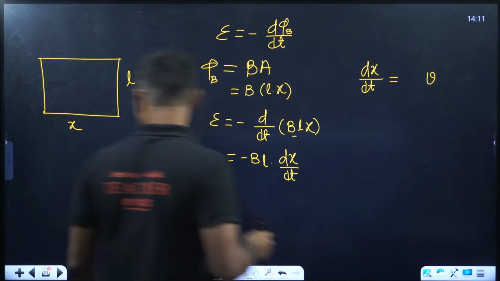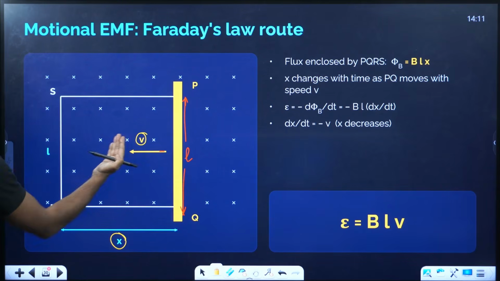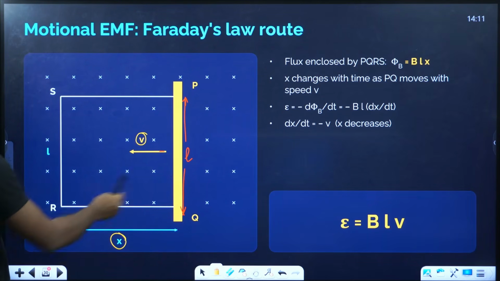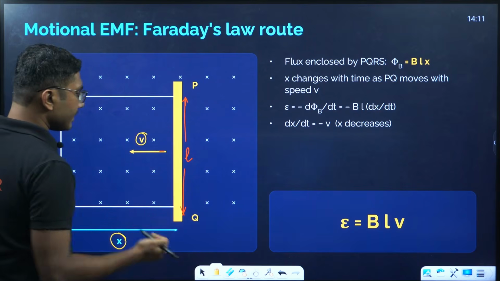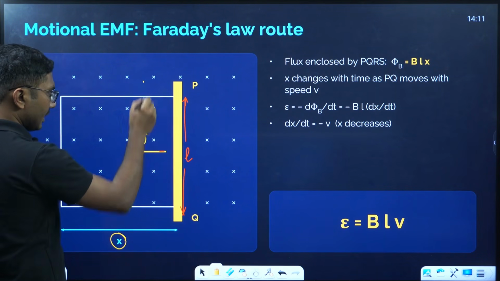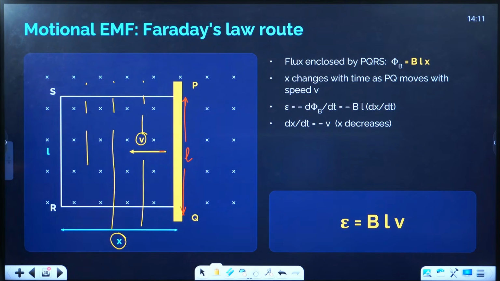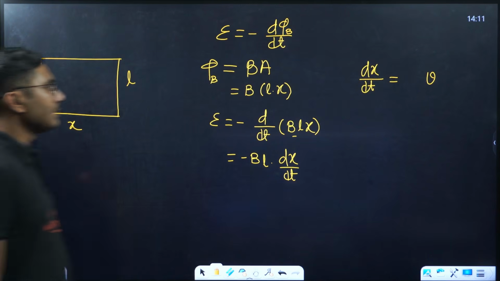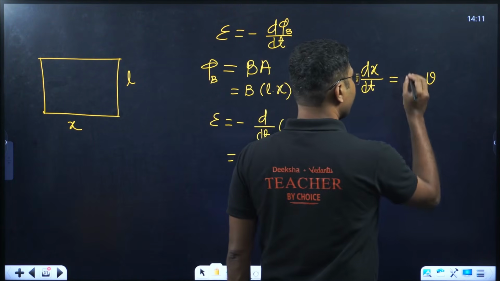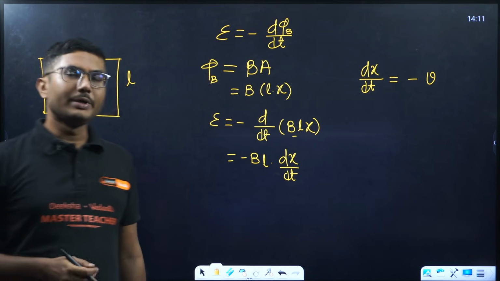Now if you see that velocity is in this direction, and as time increases, the x value is decreasing. That means dx/dt should be equal to negative of v.